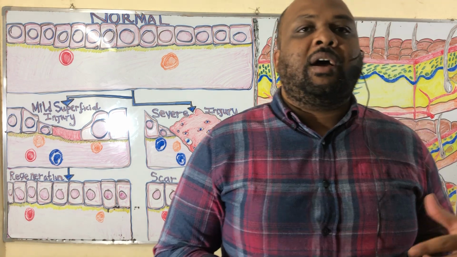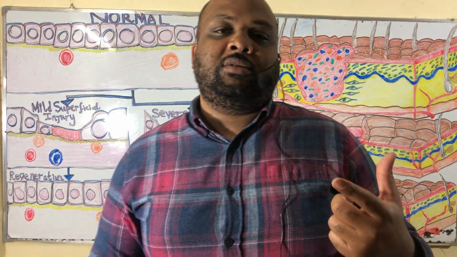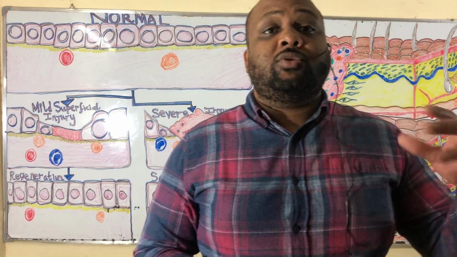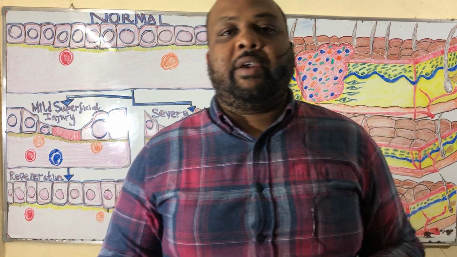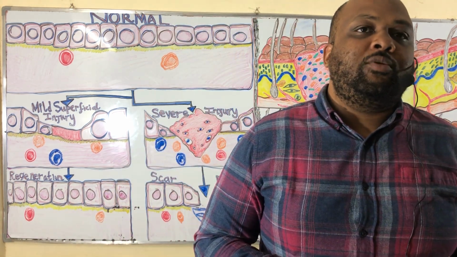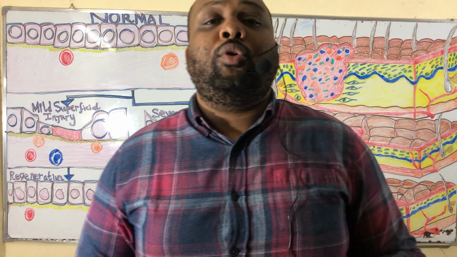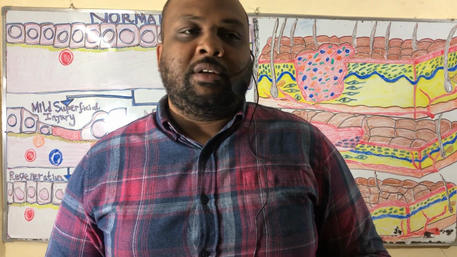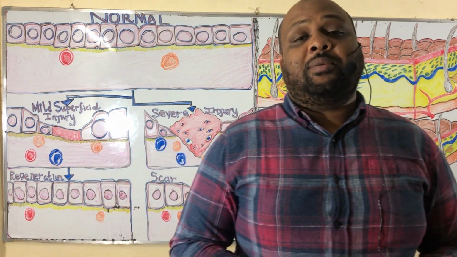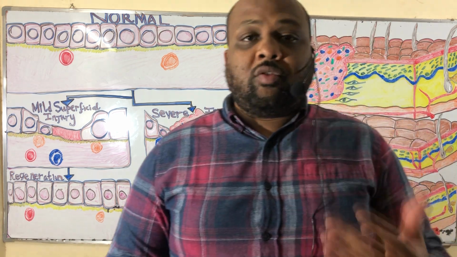And then these cytokines are not just targeting the endothelium, they also target circulating immune cells like polymorphonuclear cells, these neutrophils, and also the monocytes, which are the premature macrophages.